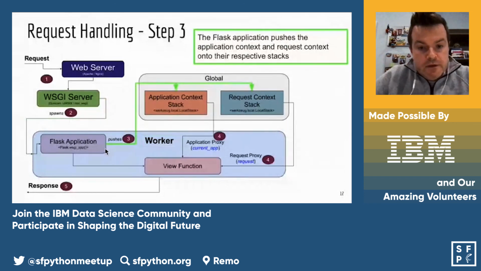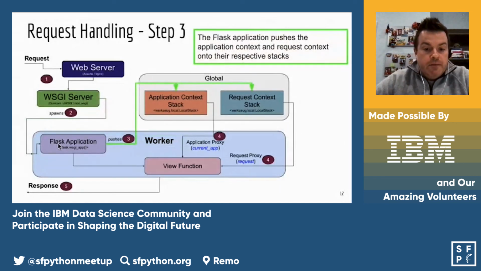Okay, so now in step three, the Flask application is starting to execute, and the framework will automatically push the application context onto the application context stack, and it will push the request context onto the request context stack. And so this is all taken care of for you by the framework.